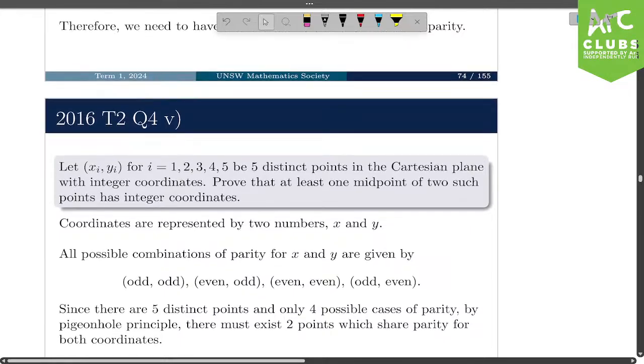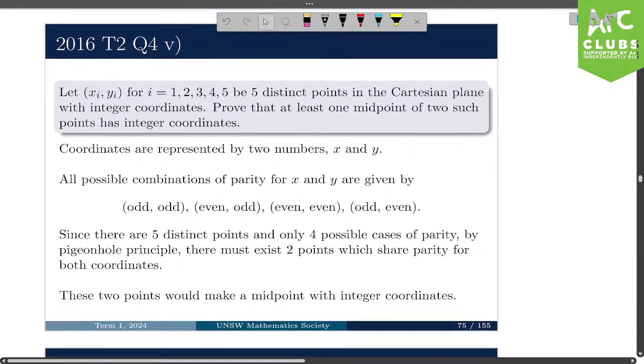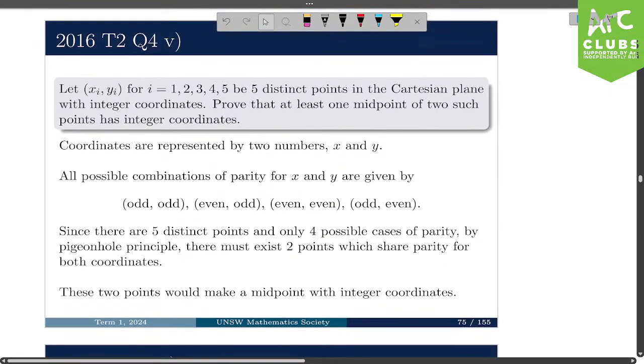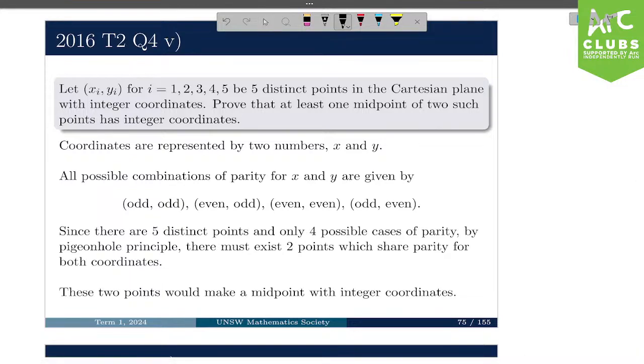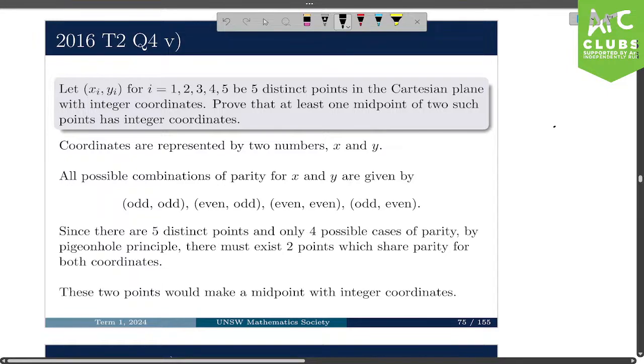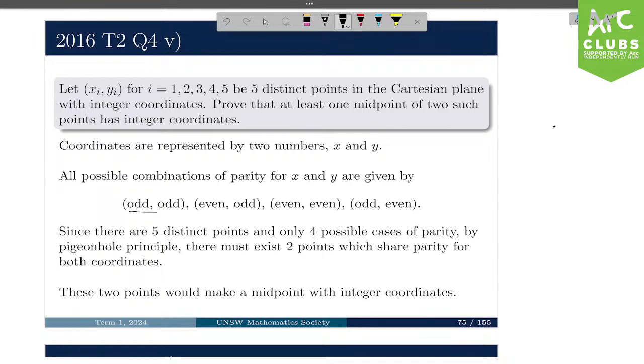So what does that mean? We look for all combinations of parity of the coordinates. There are four different possibilities: odd, odd, even, even, odd, and even, odd. But note that there will be 5 distinct points.